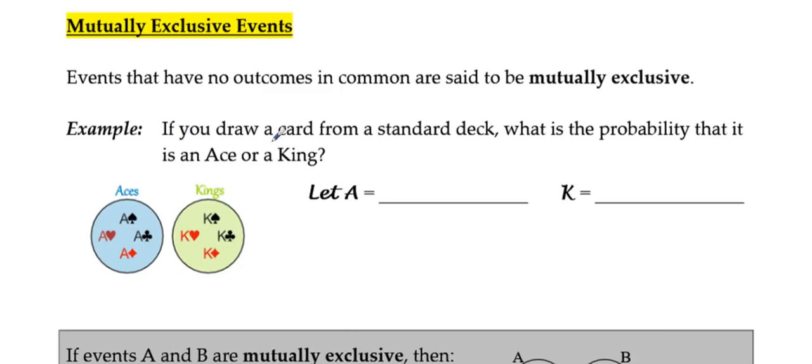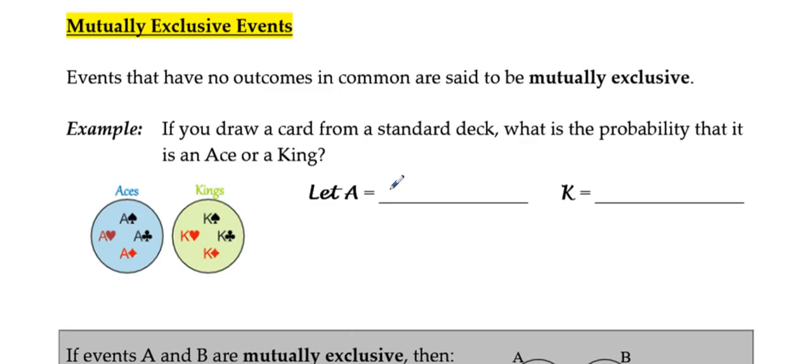So for example, if you draw a card from a standard deck, what is the probability that it is an ace or a king? Well, there are no cards that are aces and kings, both of them. So these are mutually exclusive events.